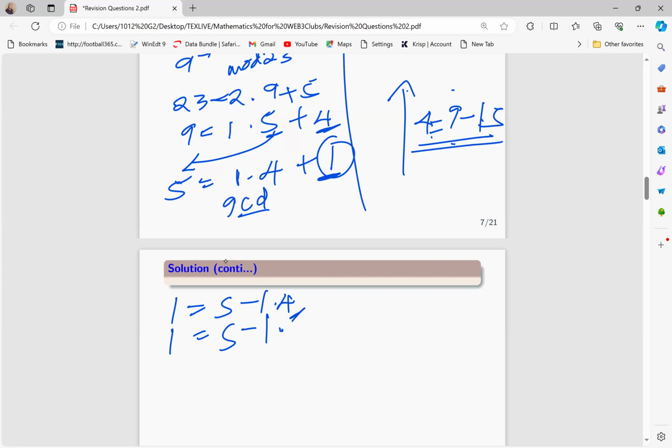So it becomes, in brackets, 9 minus 1 times 5. After you finish that, it becomes 5 minus 1 times 9, which is basically 1 times 9. Here there are 2 negative signs, so it becomes positive.